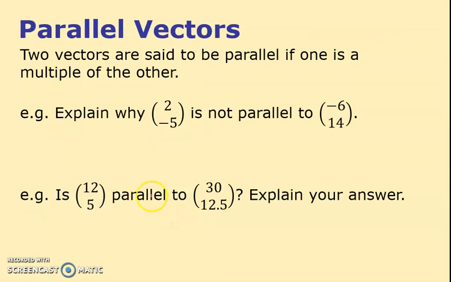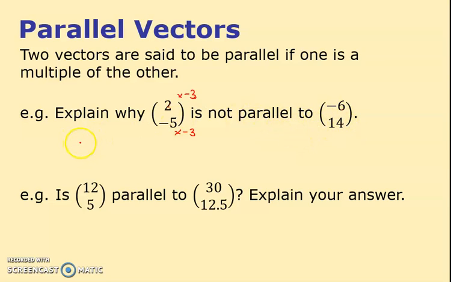Parallel vectors, so coming back to what we saw before, explain why 2, minus 5 is not parallel to this. Well, to do this, you would say that if I was to times this by, say, 3, 2's are 6, well, how about times it by minus 3 then? You could see that 2 lots of minus 3 is minus 6. But if I times the bottom number, minus 5, by the minus 3, I get 15, and of course it says 14, and therefore it's not the same.